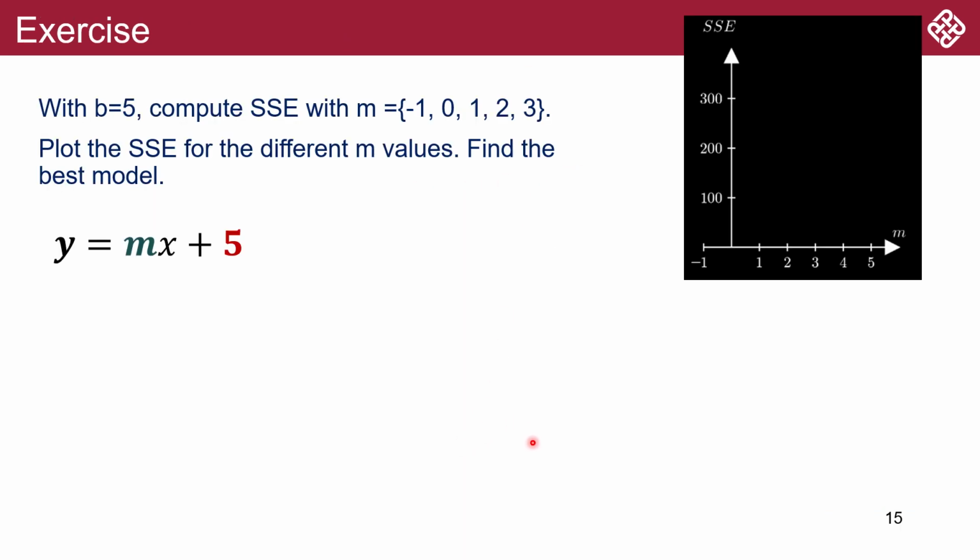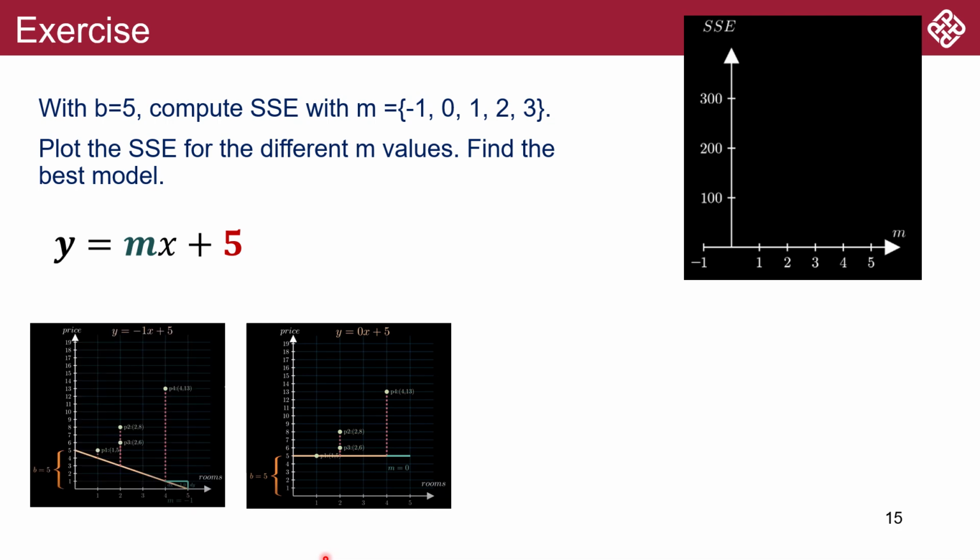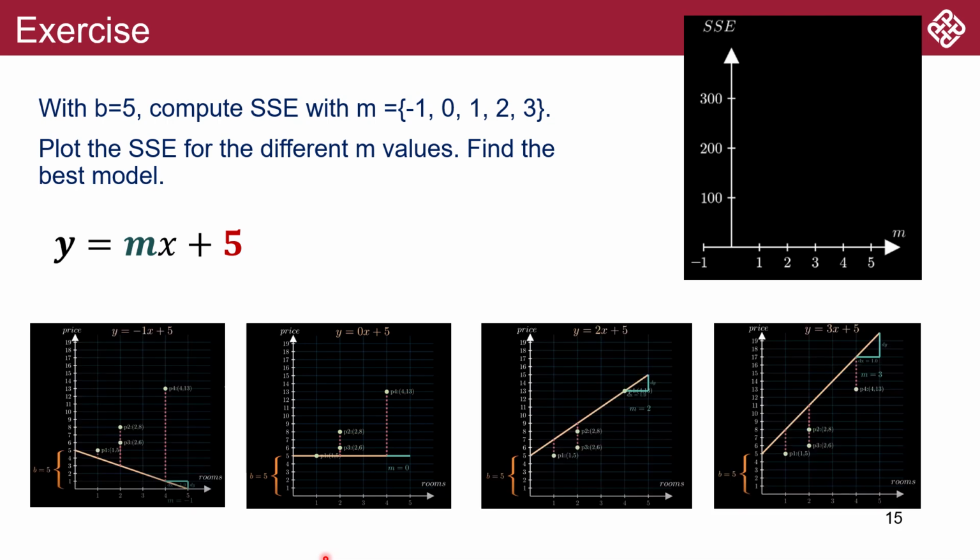Exercise: after we have locked the slope, this time we lock the y-intercept. Okay, so we change the slope. The slope now takes the values negative 1, 0, 1, 2, 3, etc. So repeat the previous step, try to calculate the error, and try to calculate the best slope that we can have. Here we are changing the slope. The y-intercept, can you see that?